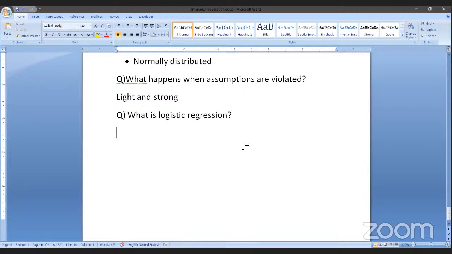Okay, so next question. Why is logistic regression so popular? Yeah, correct.